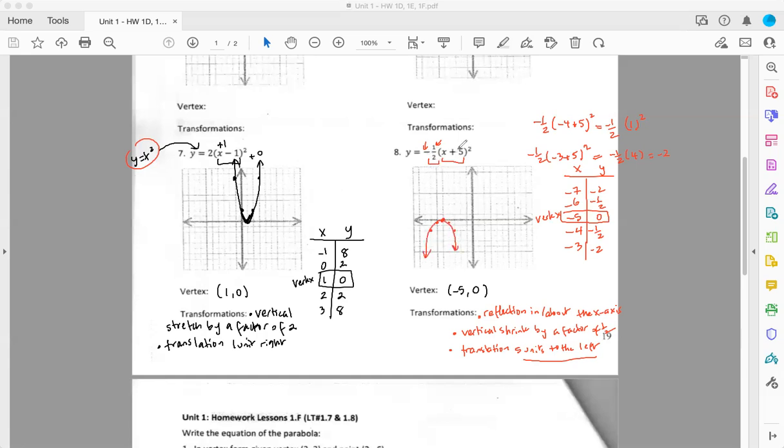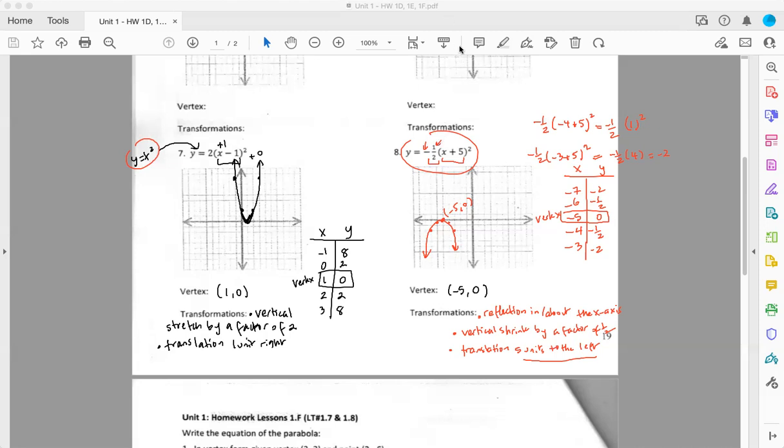It's good practice to show the vertex on the parabola, like -5, 0. You don't need to, but it's good practice. It's also good practice to write the equation next to it, which is y equals negative, but it's already here. So this is 1D and 1E. I hope this was helpful. These are transformations. These will be on your test, okay? Review them, understand them, learn them in depth, and make sure you know how to apply them.